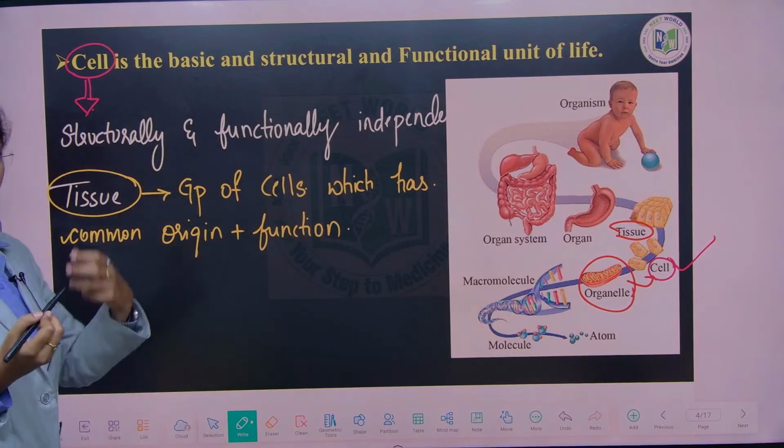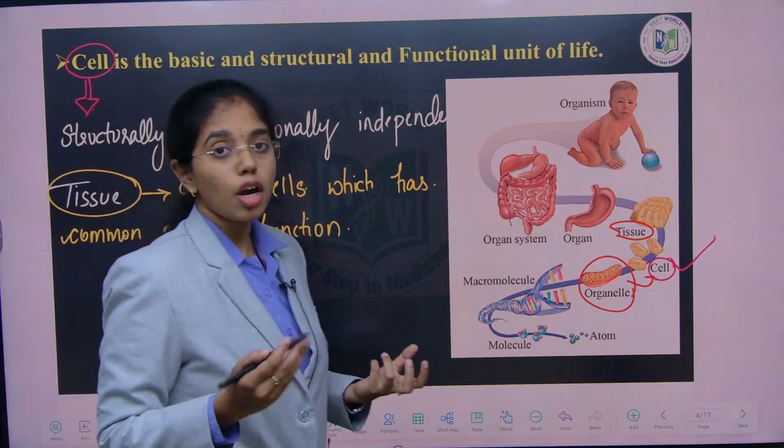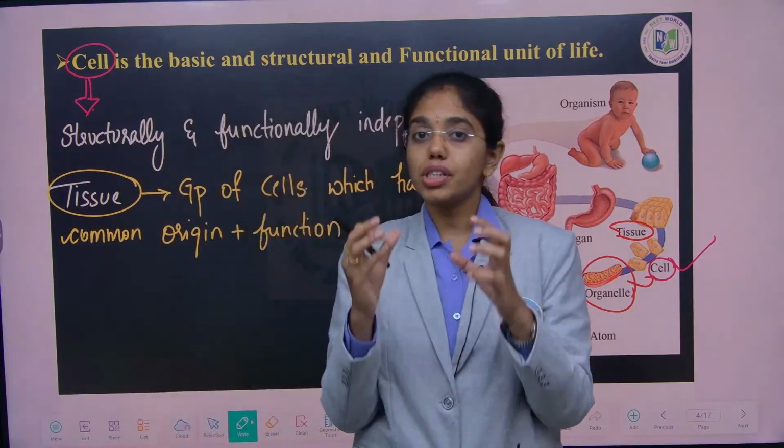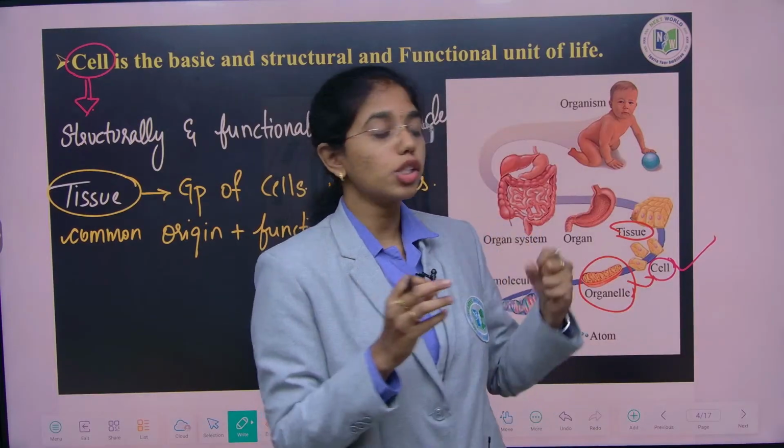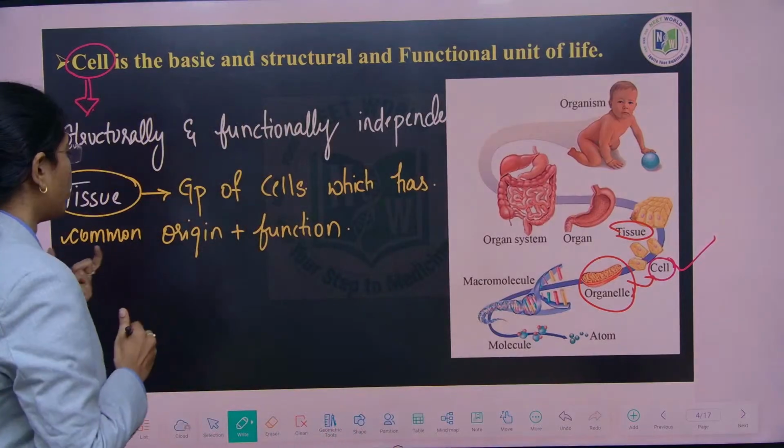Those cells can be structurally similar or dissimilar, but if they have the same origin and if their function is common, that group of cells will form up a what? Tissue.